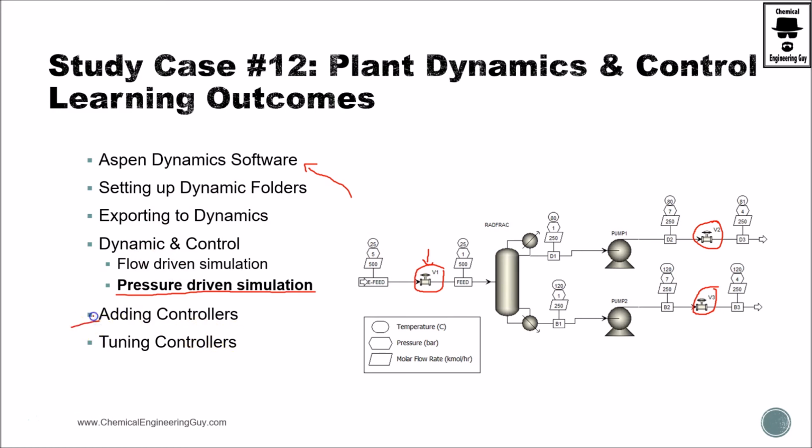We're going to add some controllers. We're going to see how to graph the response versus the set point, and so on, and then we're going to tune those controllers. What we want to do as engineers is, if this feed increases drastically, we can control that in this part right here, or maybe if you change a temperature here and it drops, you then tell the reboiler to increase its duty in order to counterbalance that temperature.